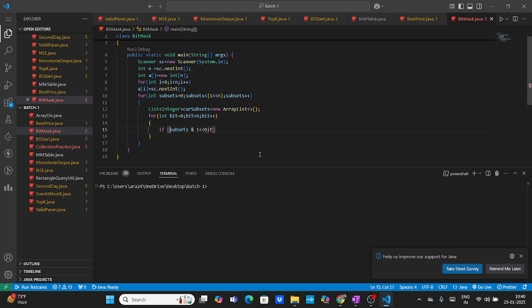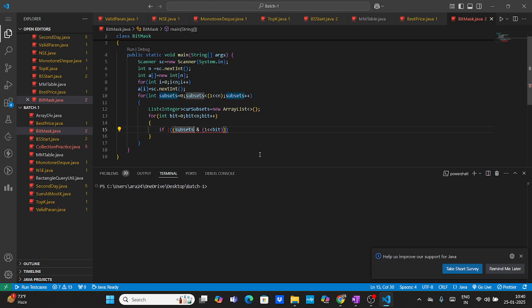What do I have to check? Whether it will be less than 0, equal to 0, or greater than 0. It should be greater than 0.